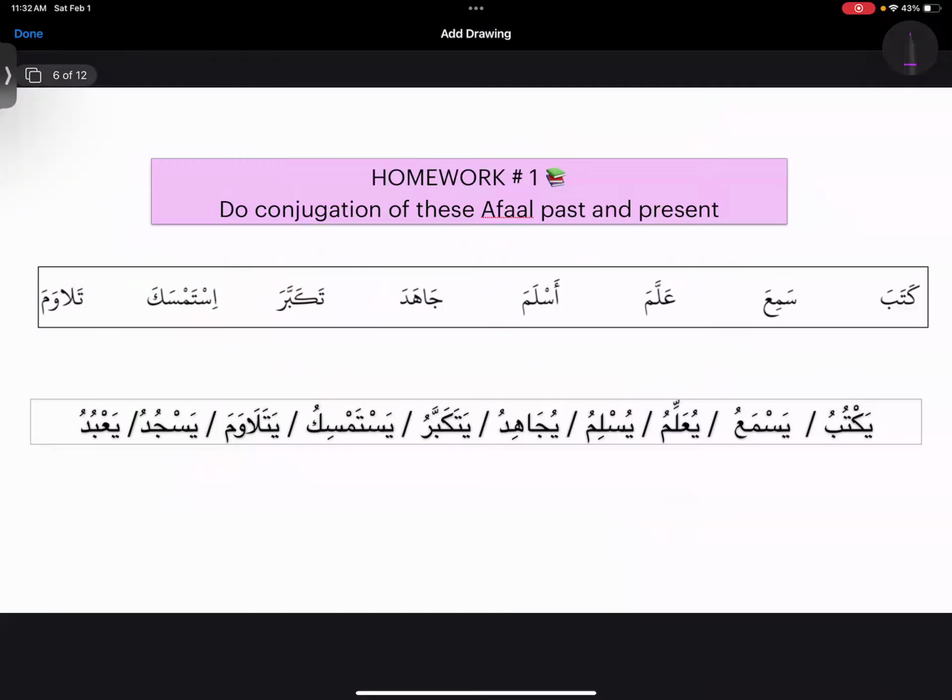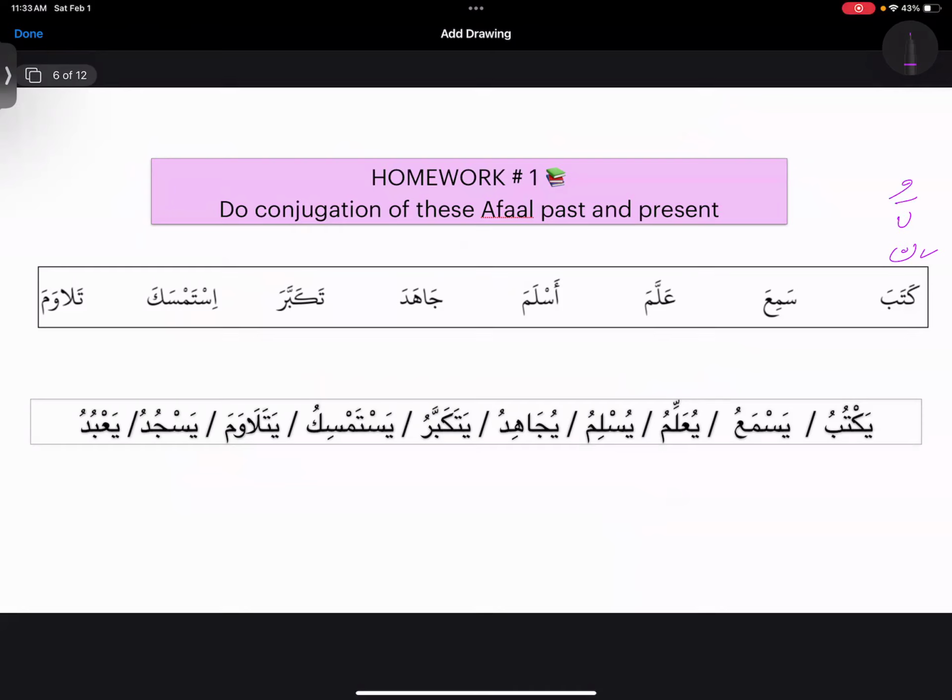Okay, now let's do some practice. Kataba. Any idea what bab it is? We just saw in the dictionary. Nasara. Kataba yaktubu. It was Bab Nasara because in the dictionary it was written yaf'ulu, and when you see u, it means dhamma.